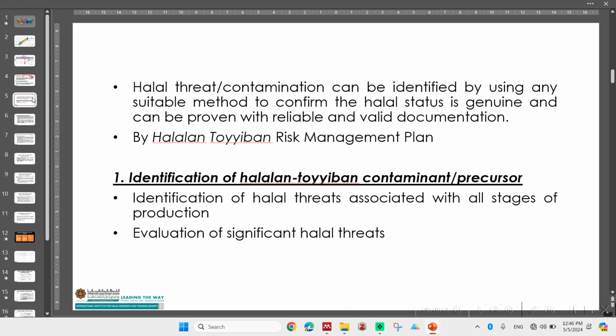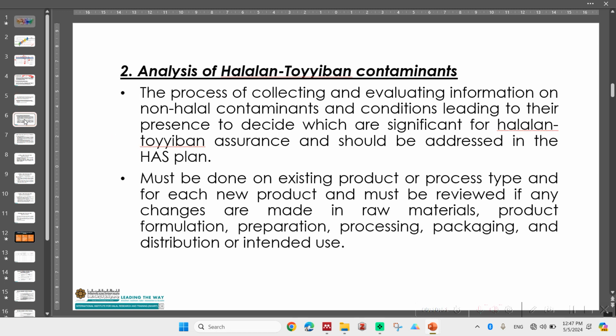So in order for us to evaluate the halal control point, the halal challenge or halal threat, we need to adopt the concept of a halalan tayyiban risk management plan. The first step to address the halal tayyiban risk management plan is definitely to identify the halal tayyiban contaminant or precursor. From here it covers two stages.